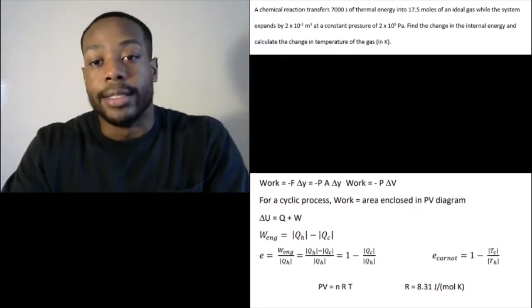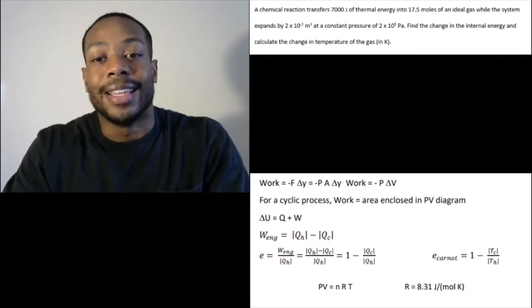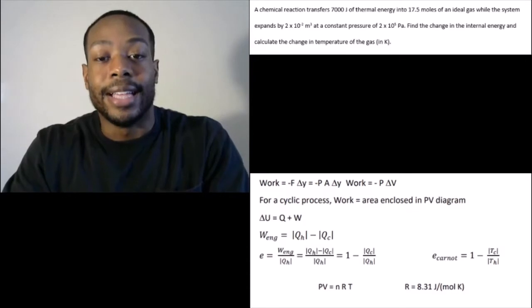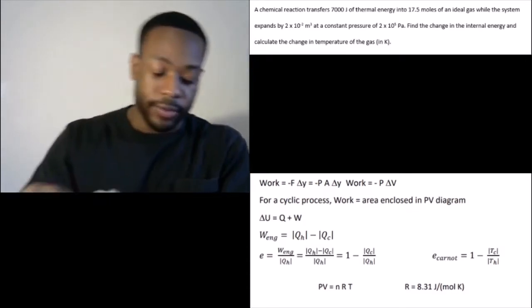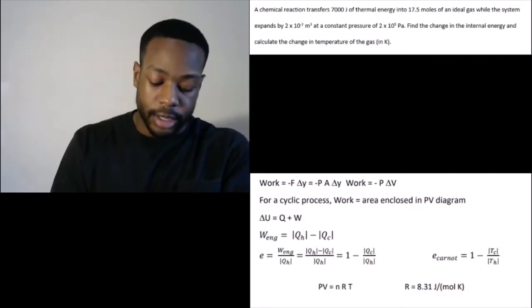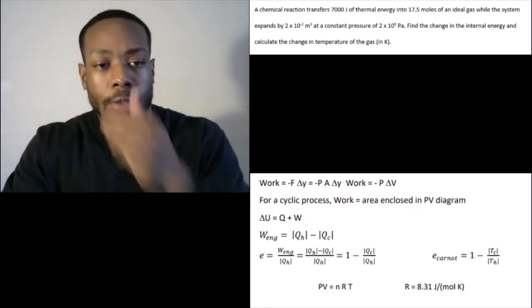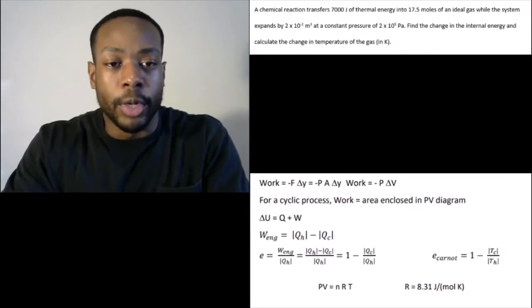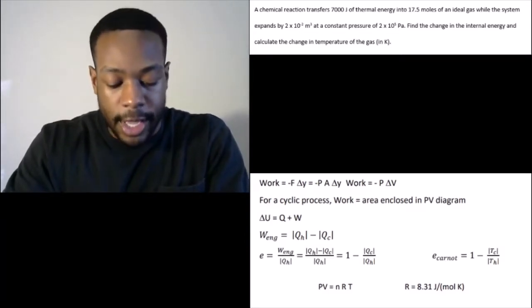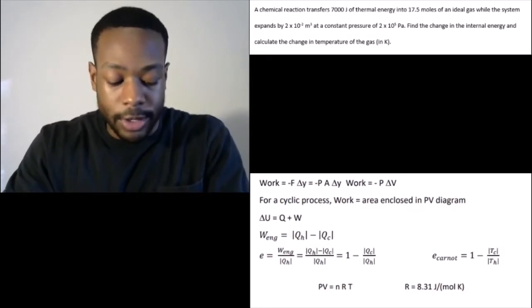And we want to find the change in the internal energy. We want to calculate the change in temperature of the gas. So looking for change in internal energy and change in temperature. You should know, if you watched the previous video, what the change in internal energy variable is going to be. And I told you what Q is.